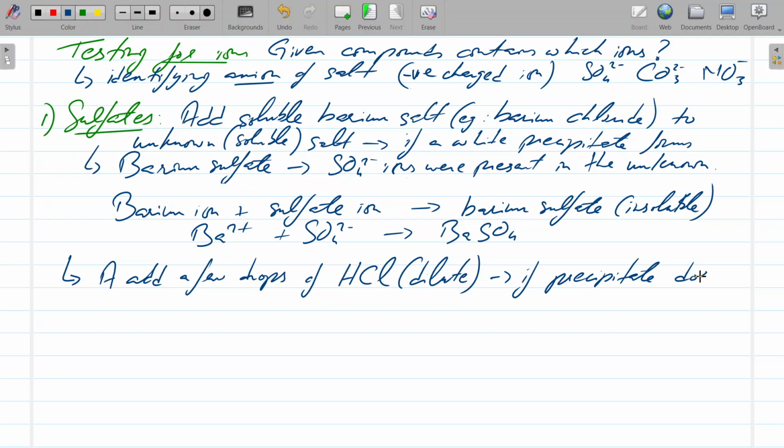that is barium sulfate. What's a precipitate? A precipitate, as I mentioned, is a solid that forms out of an aqueous solution.